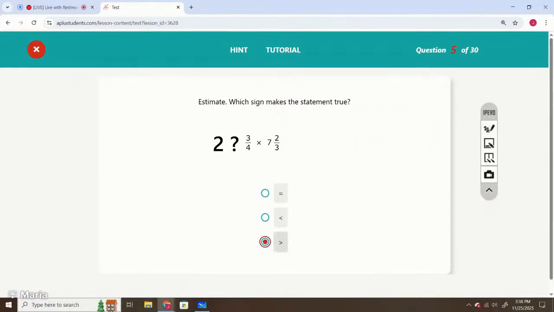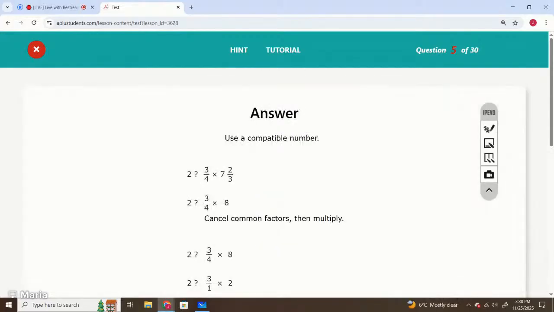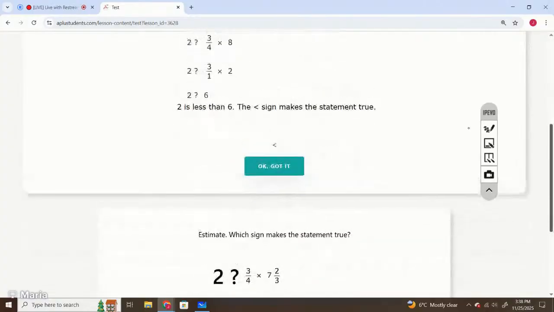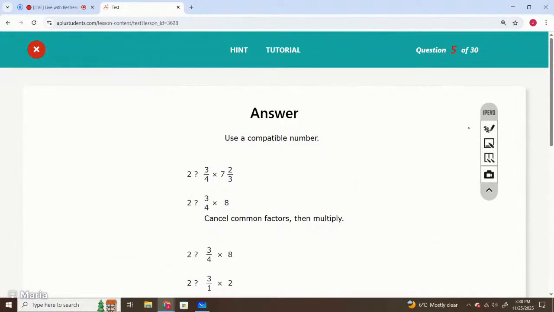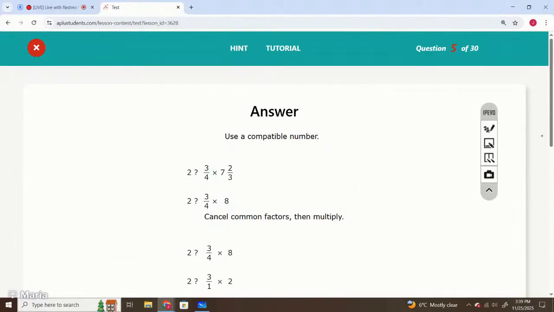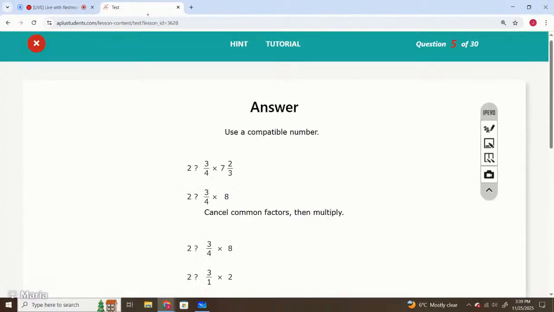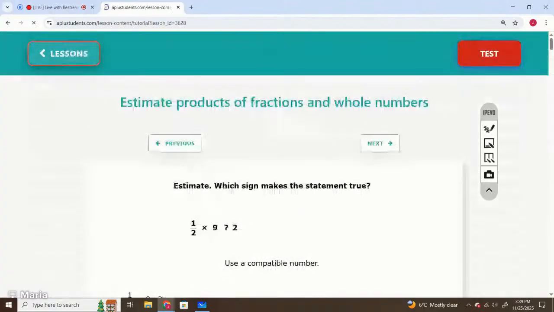Option number 3 is the correct option. Oh, less it is. Okay, complete the lesson by yourself later today.